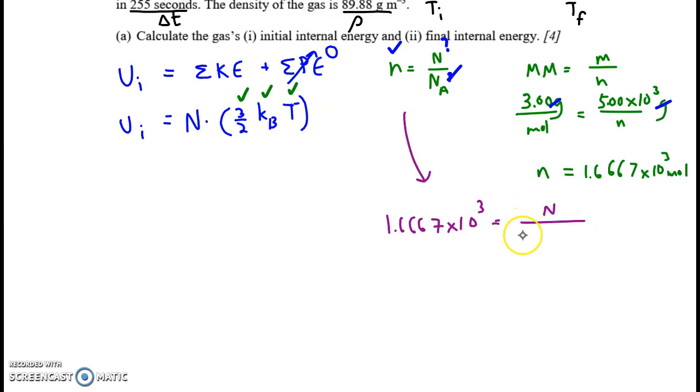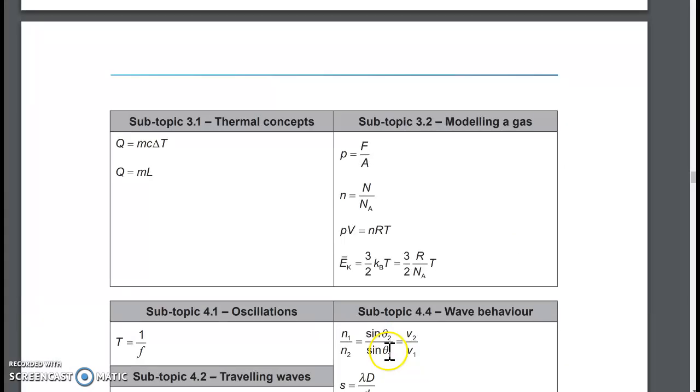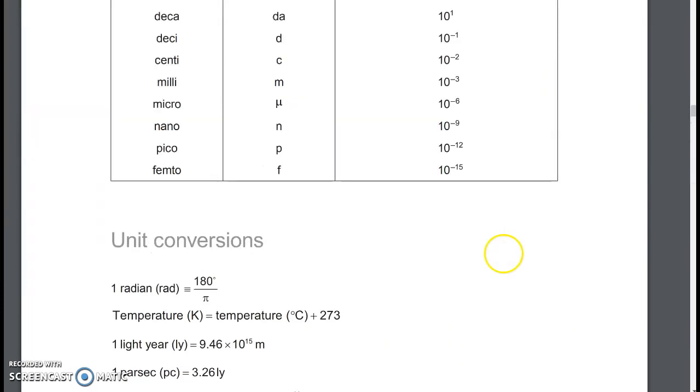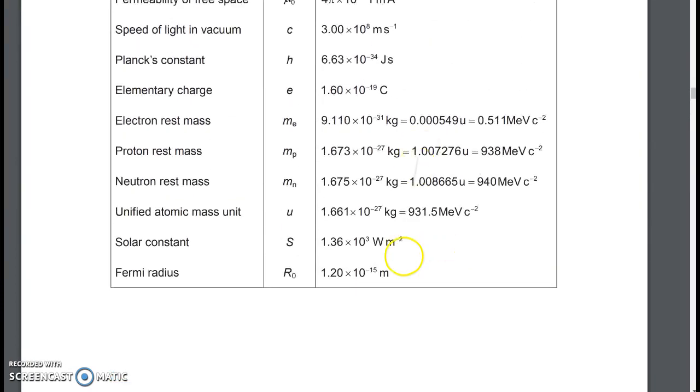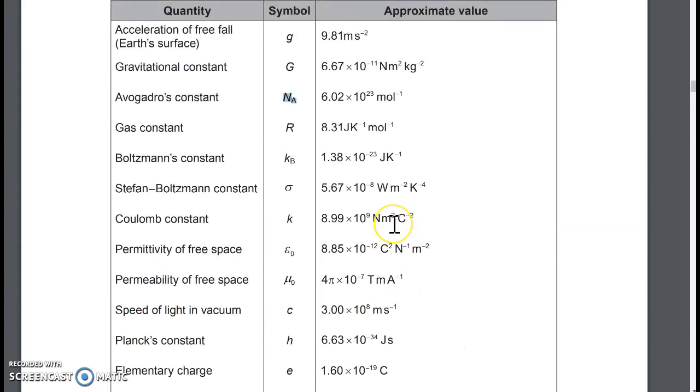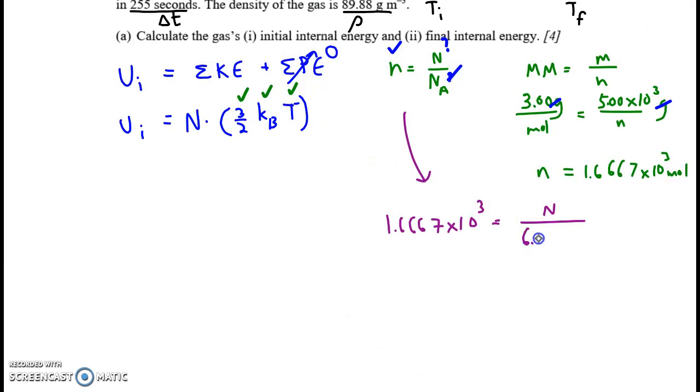Avogadro's number, we look in our data booklet. Look on the page with the fundamental constants. Here it is, 6.02 times 10 to the 23. I'm dropping off the units, but they do work.